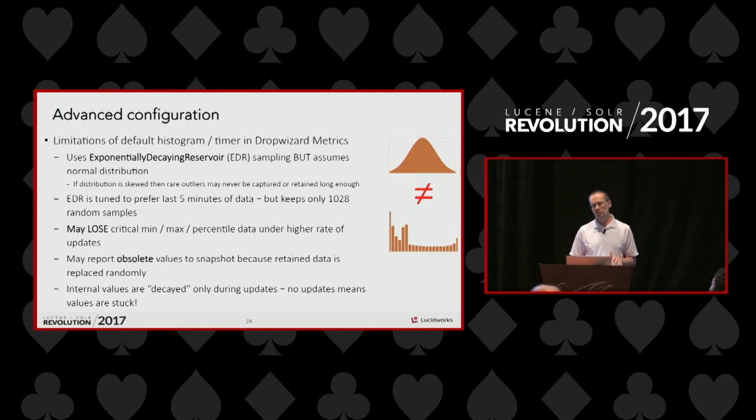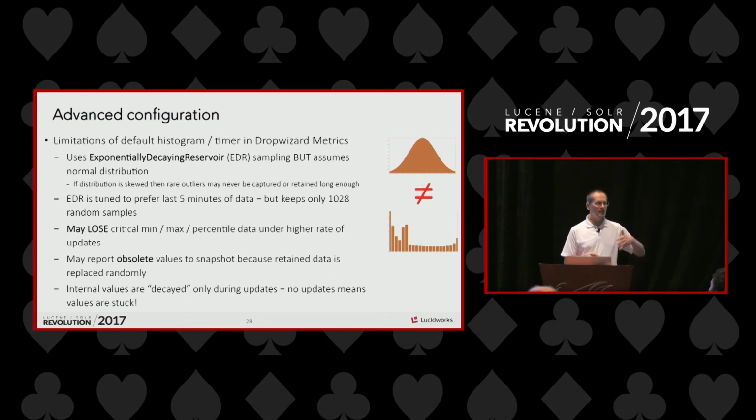What happens if your distribution is skewed or completely different, like in this case? Well, bad things happen. Because it's very easy that this reservoir in such case may completely lose these very important outliers. I don't know why the picture is cut off here, but there is another outlier here. But this illustrates the problem very nicely. You're going to lose this outlier. Why? Because this reservoir is of limited size, and by the very nature of random sampling, these values in the reservoir are randomly replaced.